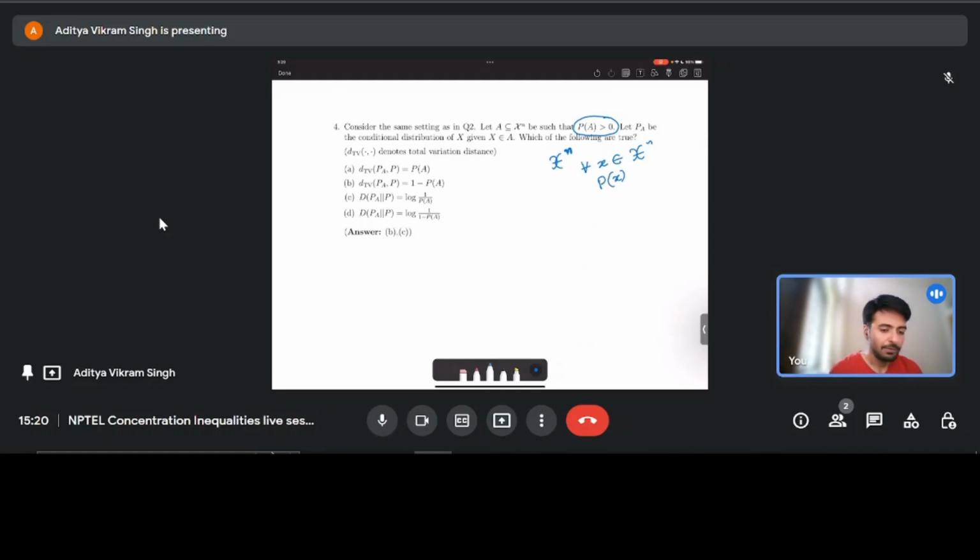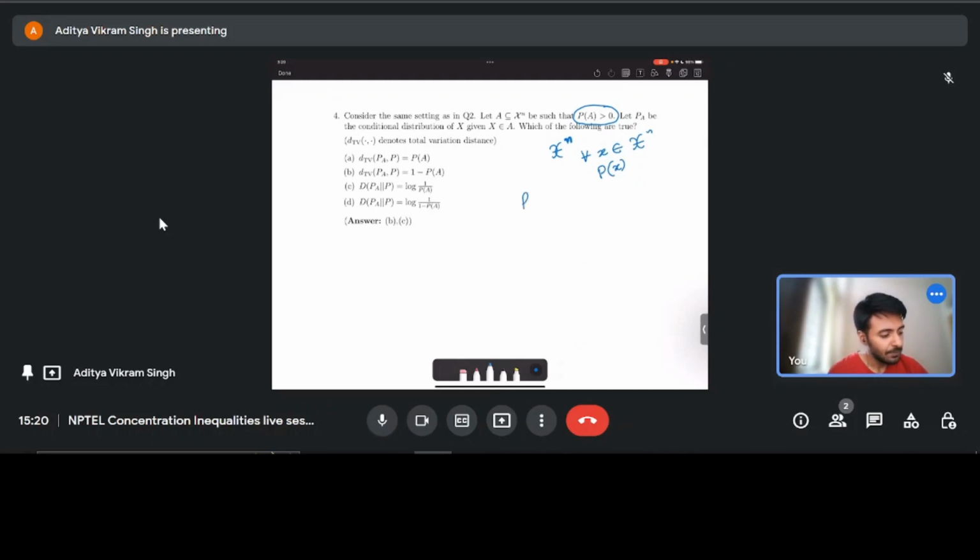Now we want to see what value PA assigns. So PA of x is basically the probability that X equals x given X belongs to A. This is what we mean when the question says PA is the conditional distribution of X given X belongs to A.